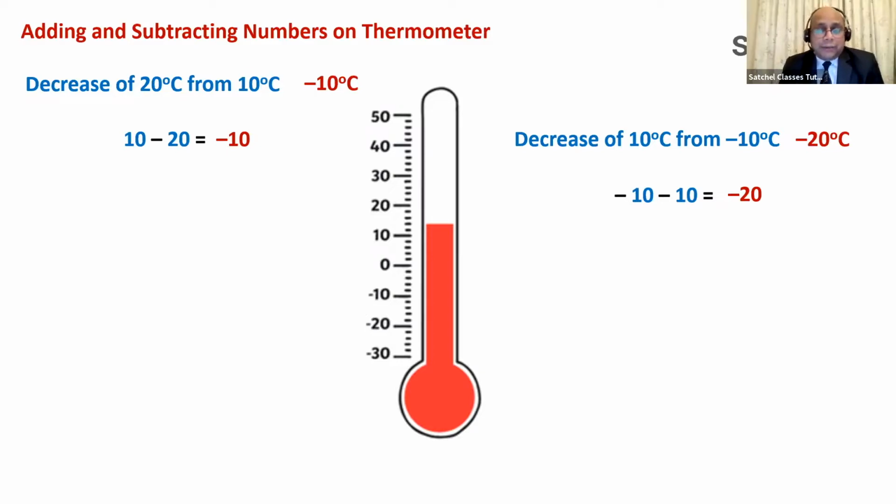I know it's kind of confusing because you're looking at it for the first time. So let's do one more. Increase of 50 degrees Celsius from minus 20 degrees Celsius. So it says from minus 20. So you start from minus 20 and you increase 50 degrees Celsius, which means you go up 50 degrees.